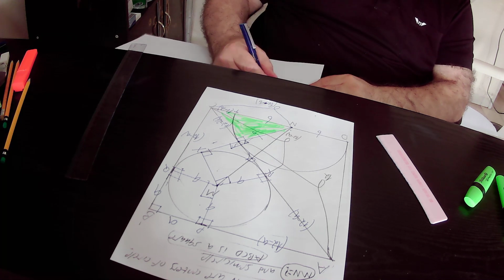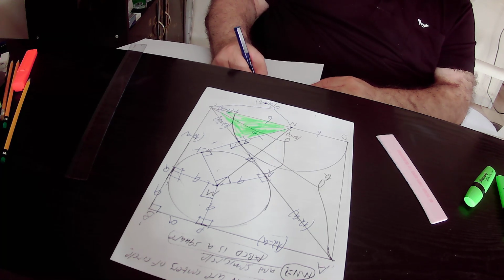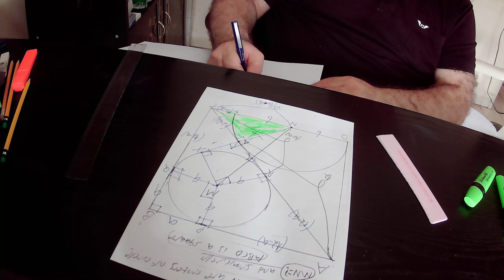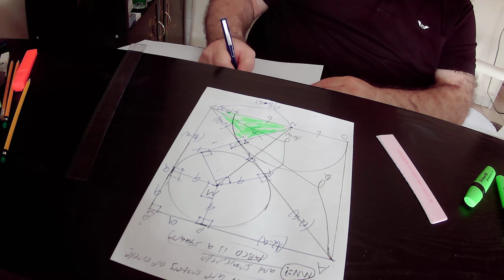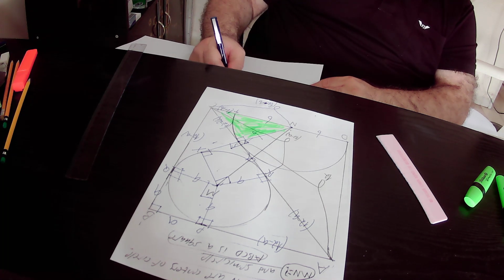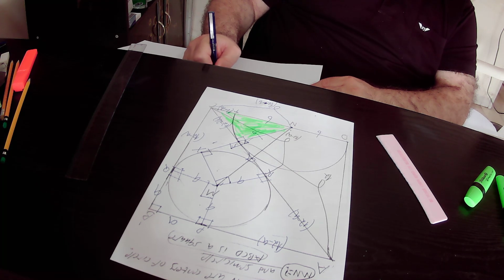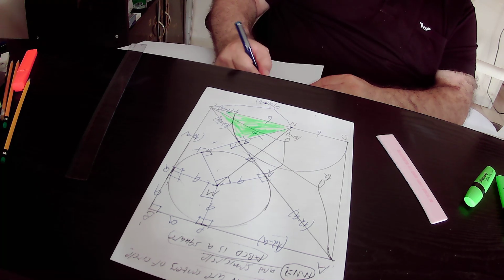So we can write down that quadrilateral RMSX is at least a rectangle.